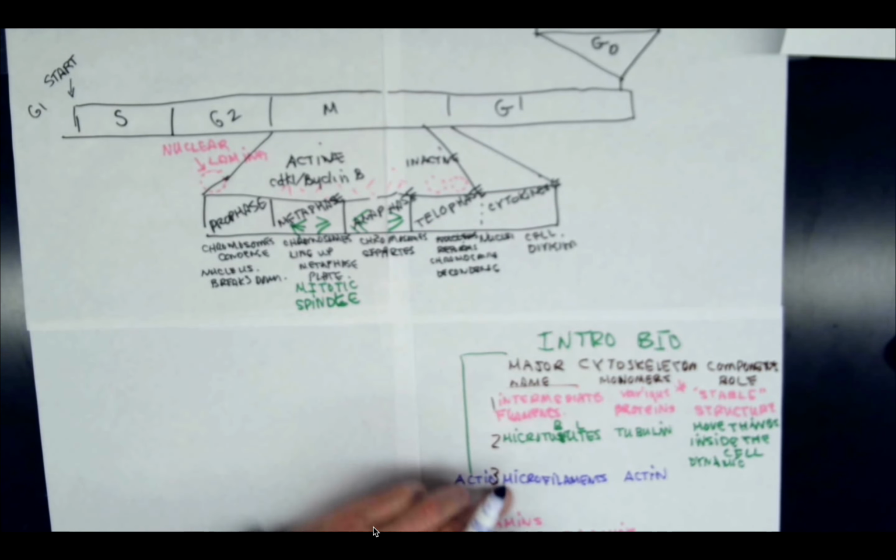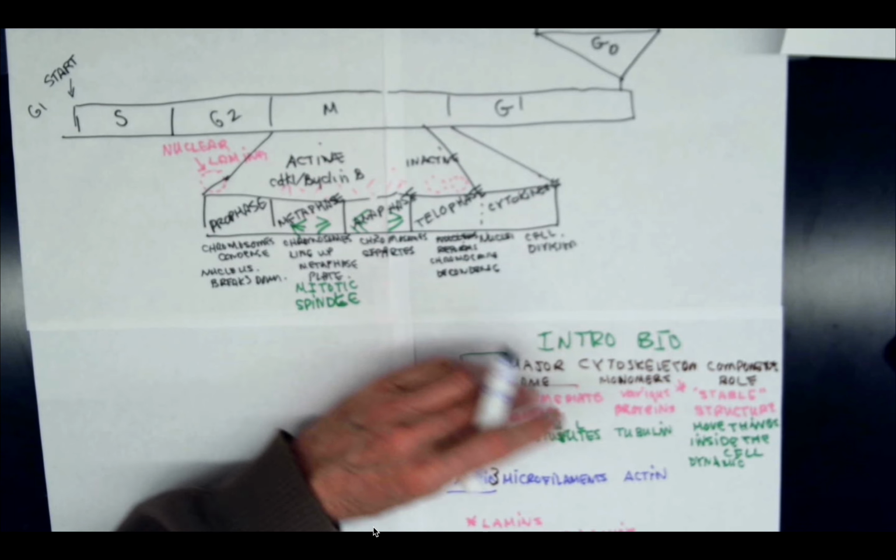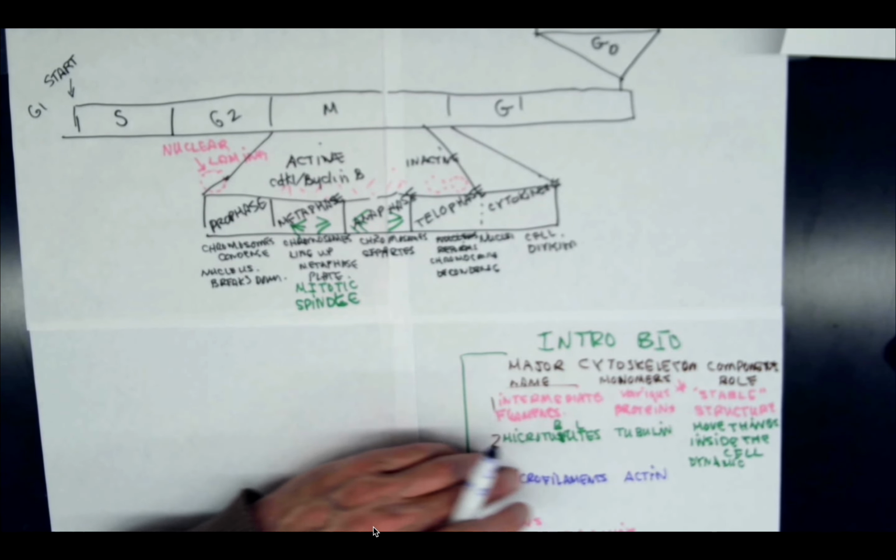How can we tell them apart? One way is just to call these, for the rest of your life, actin microfilaments. And these are microtubules. Actin microfilaments remind you that these are composed of actin, and you might know of actin, a different member of the actin gene family.